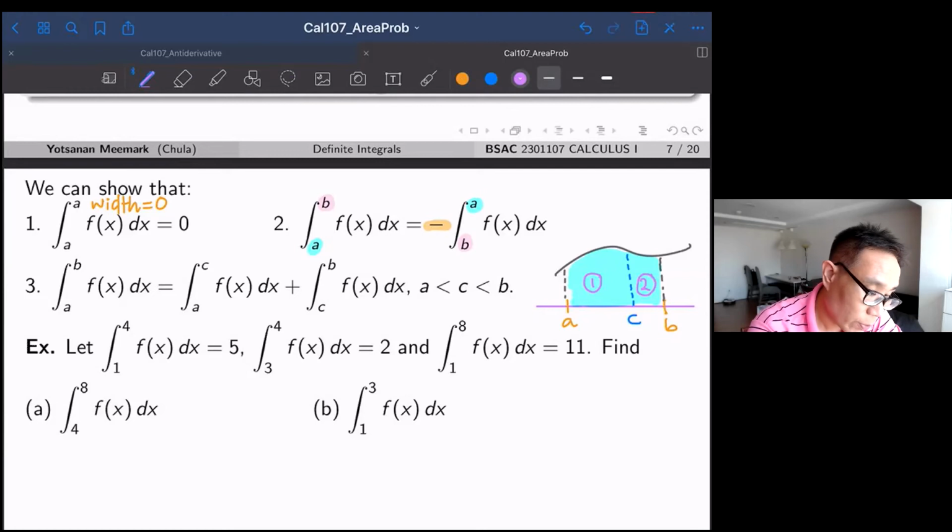The first piece turns out to be the integral from a to c. The second piece turns out to be the integral from c to b. And this will be your total integral from a to b.